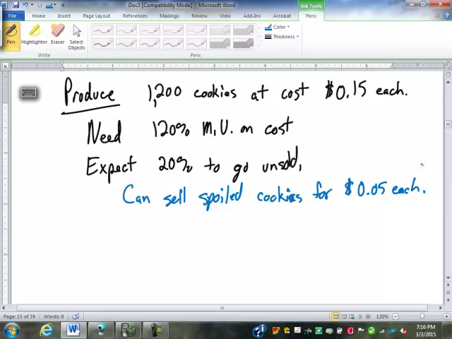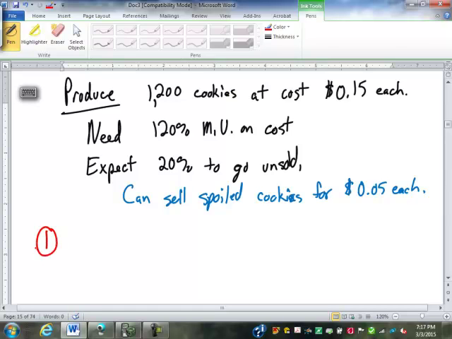This happens a lot in bakeries. They'll throw old donuts, cookies and bread into a barrel to sell for bear bait or hog slop. So sometimes you can recover a little bit of cost. So this is going to add an extra step to the end of our process.